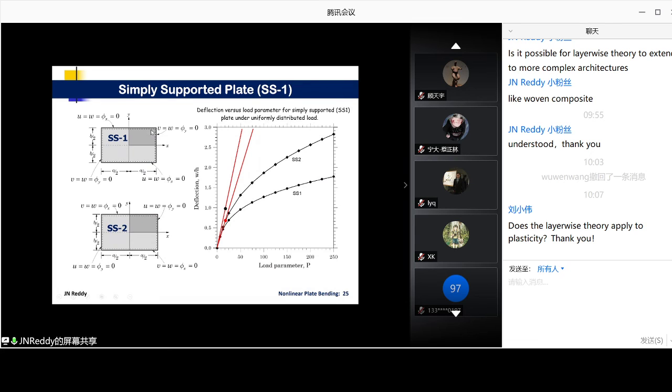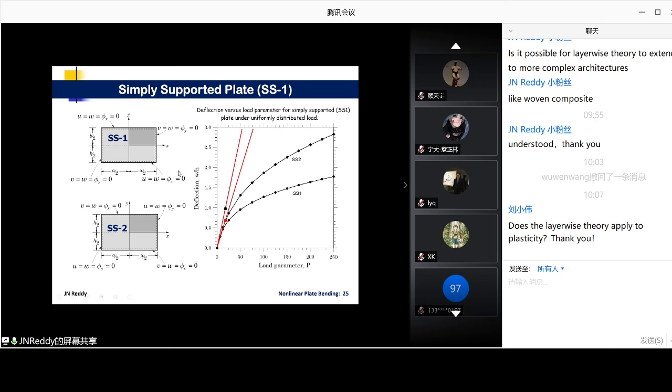So in both cases, the edge will remain straight, but in one case we are saying u means this way. The edge is actually free to move in that direction. Whereas here, no, it cannot move in that direction. It can move along the x-axis, but it cannot move across. Whereas here, it cannot move along the line, but it can move across.